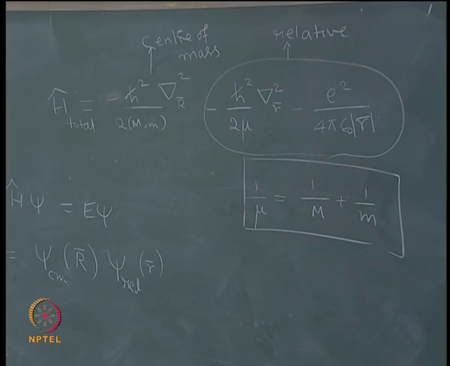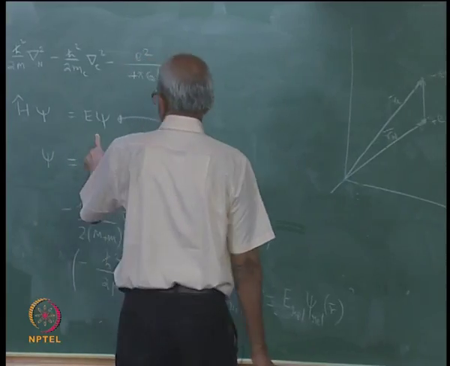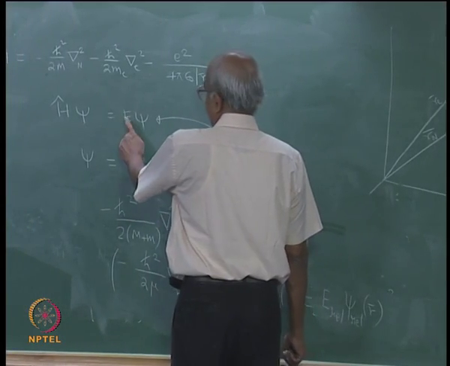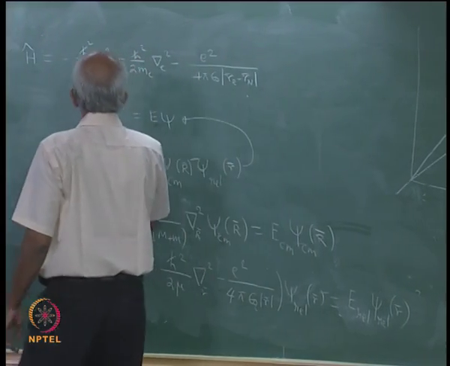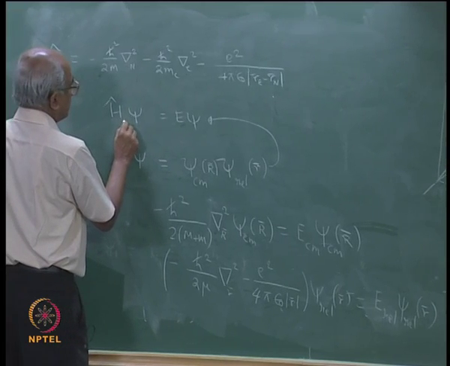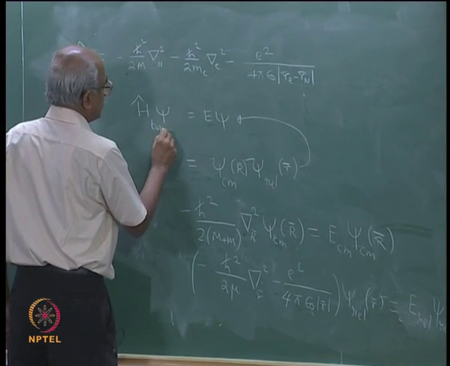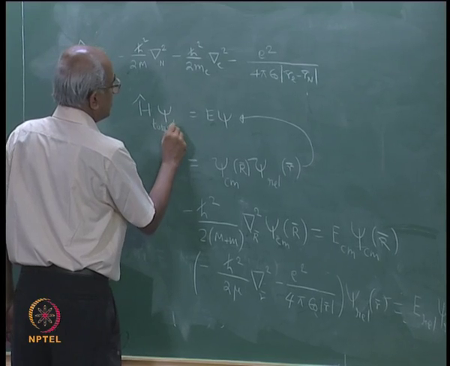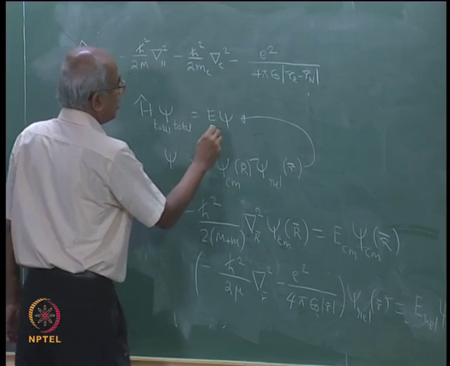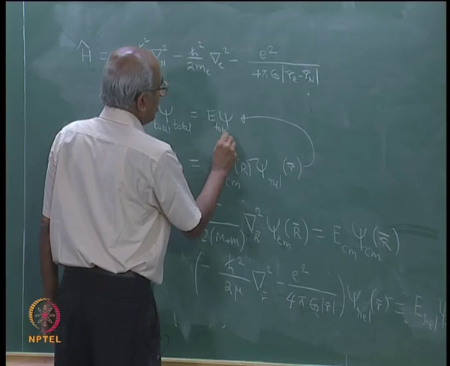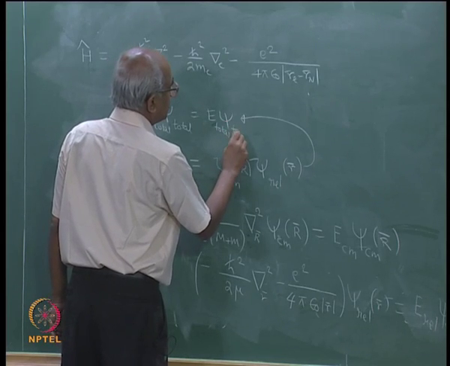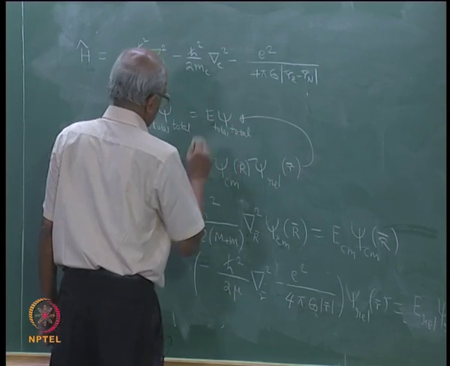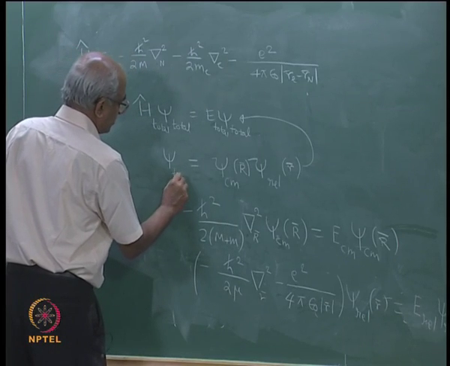And not only that, if you are looking at this psi, maybe I should put a subscript, this is for the total system, so this will be total, and this E will be total, and this will be the total wave function, and what I have written here is the total wave function.